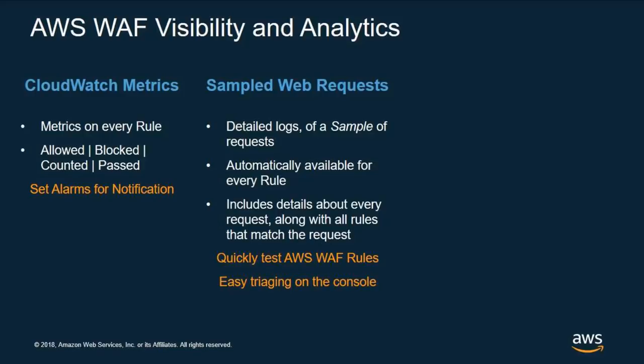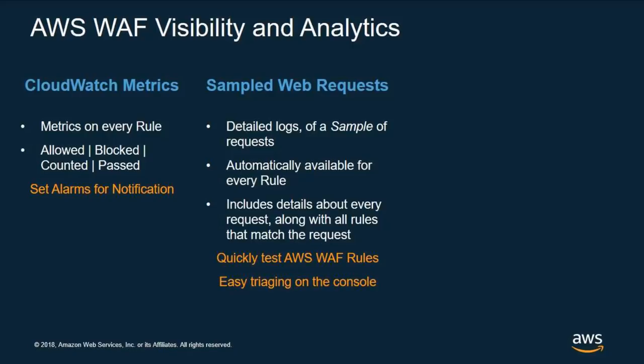Or you could set an alarm on a large number of IP addresses being blocked by, say, a rate-based rule on AWS WAF, and so on. So these CloudWatch metrics are something that you would use for notification in real time when something goes wrong or you find a threat on AWS WAF.